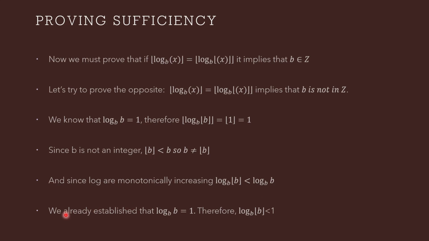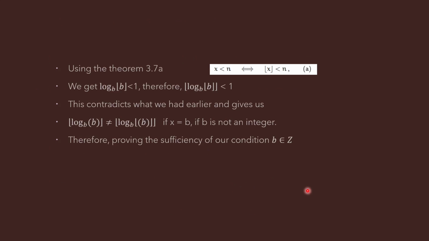So we already established that log base b of b is equal to 1. Therefore, log base b of floor b is going to be less than 1, as proven here. So, using theorem 3.7a shown in the book, if x is smaller than n, then the floor of x is going to be smaller than n as well.